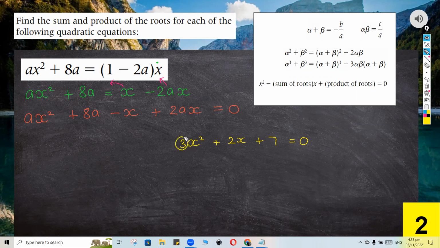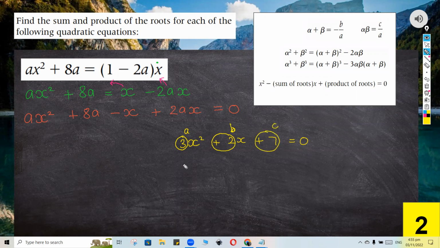So it's real easy to say A is 3. If I ask you how much is B, well, by now everybody knows in a quadratic, whoever is touching x is B. So B is positive 2. And then whoever doesn't have an x is C.